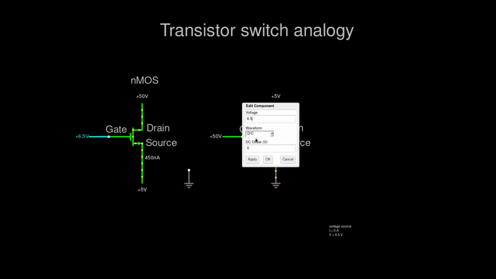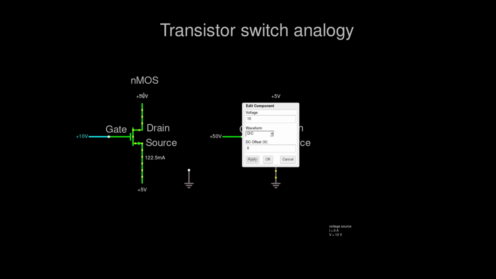Let's put it a little bit higher, 6.6 volts. And we can already see the amperage went up. So if I up it a little bit more, like up to 10 volts, we have the same outcome that we had before.